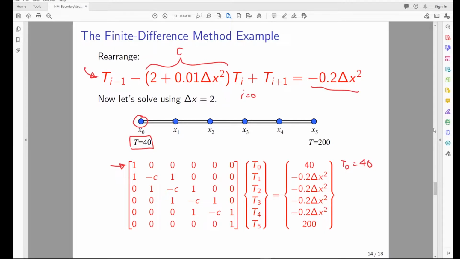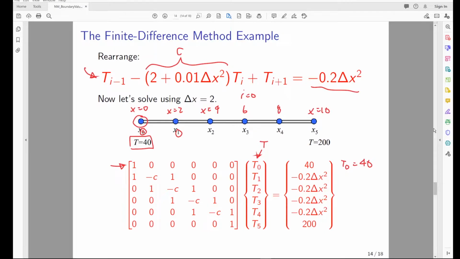Now, if delta x is equal to 2, and I want to go from 0 to 10, such that right here x is equal to 0, right here x equals 2, x equals 4, 6, 8, x equals 10, I now need to take my 0, my 1, my 2, 3, 4, 5, and I need to know, of course, what the T value is at all of these unknowns in between my boundary conditions. So I've got a column right here of unknowns. I'll just call this my generic T vector because I want to know what my temperature is at all different values of i.